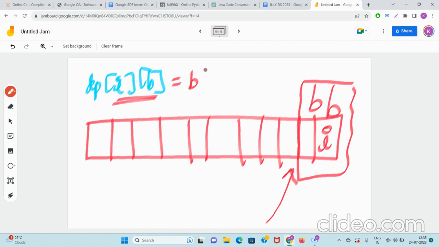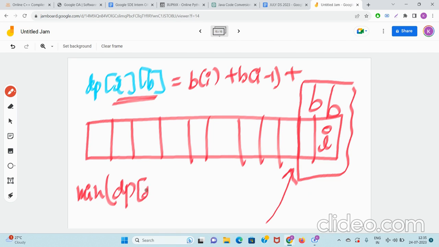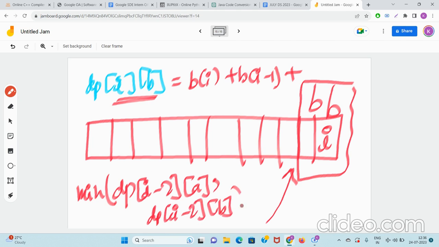So answer will be b of I plus, you have to forcefully make b, that's why, b of I minus 1 plus minimum of two options. At I minus 2, you either choose dp of I minus 2a or dp of I minus 2b. That's it, guys.